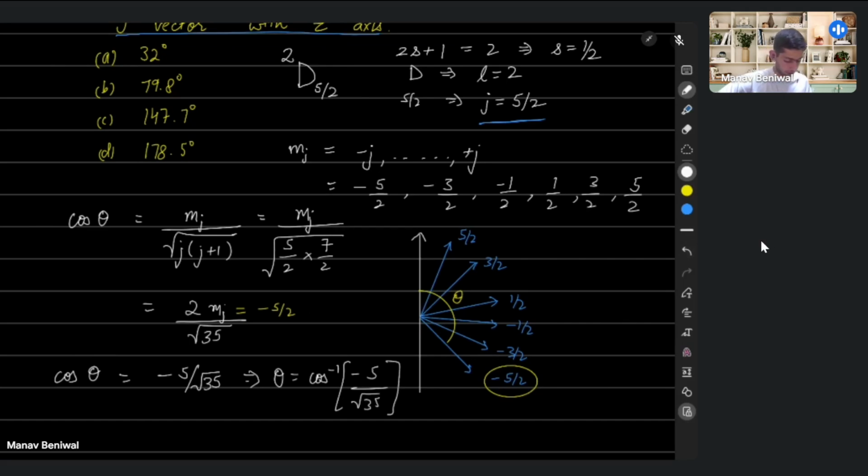Now if you solve this, you will get theta to be roughly 147.7 degrees, which is our correct answer.